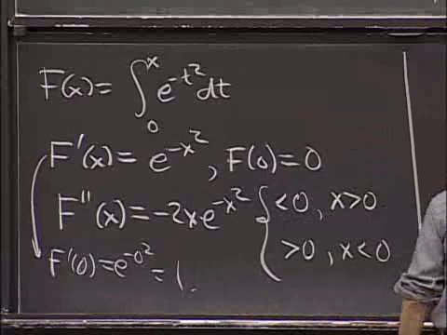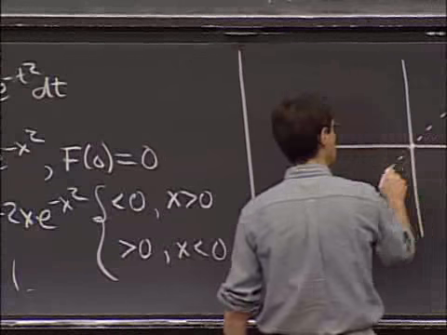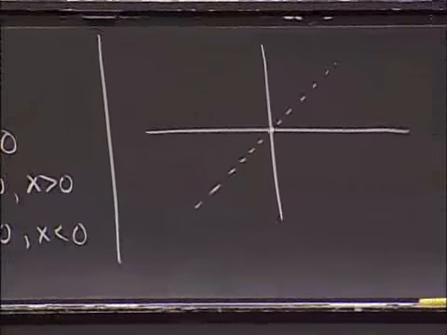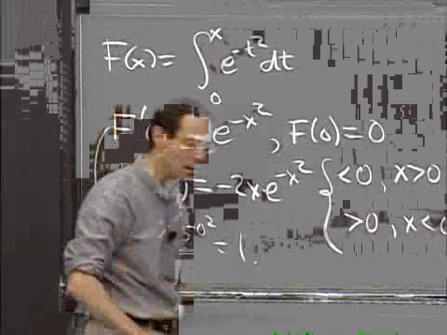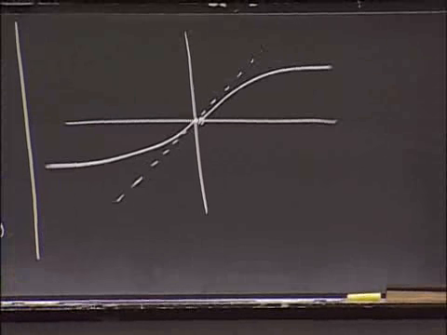We normalize them so that the slopes of their tangent lines are 1 at convenient spots. So here's the tangent line of slope 1. We know this thing is concave down to the right and concave up to the left. And so it's going to look something like this with an inflection point. All right?